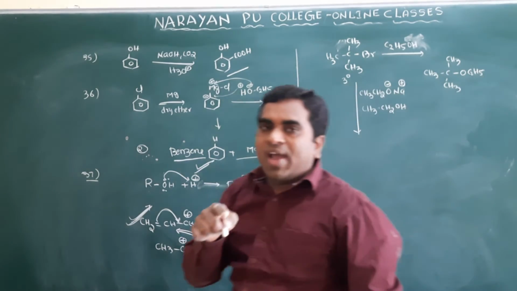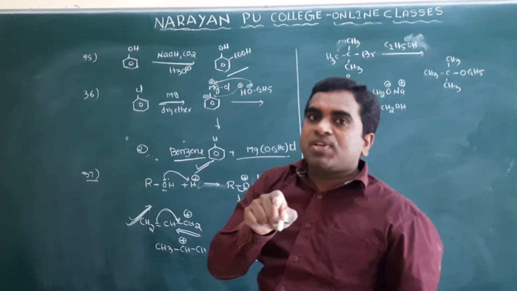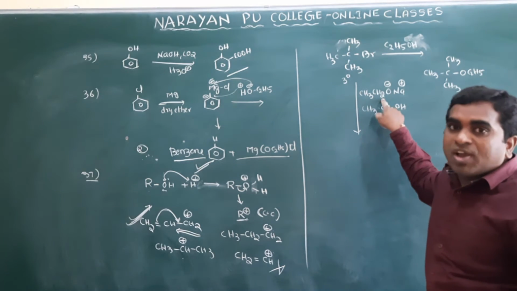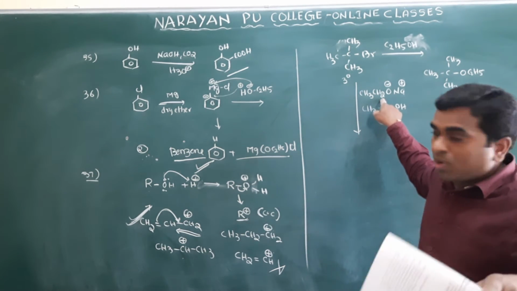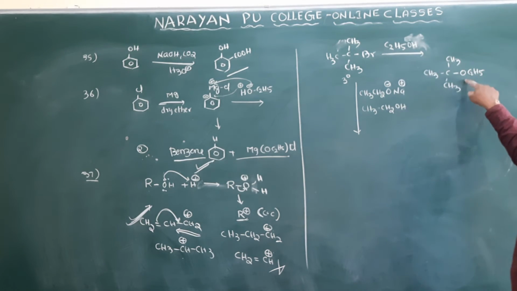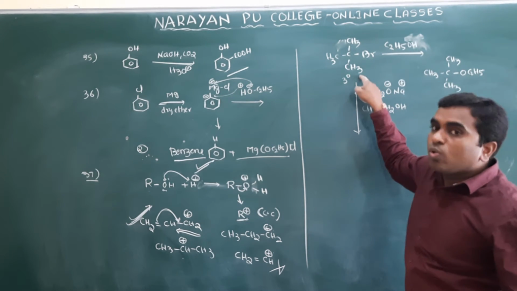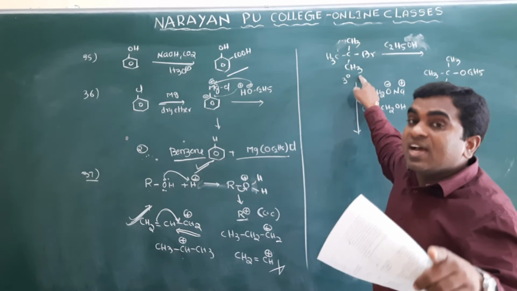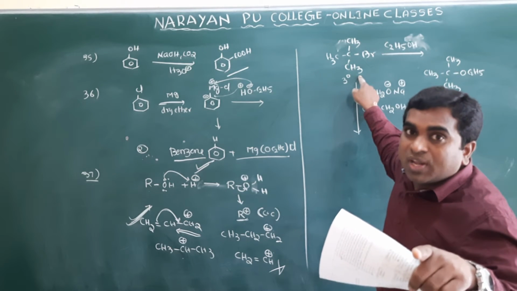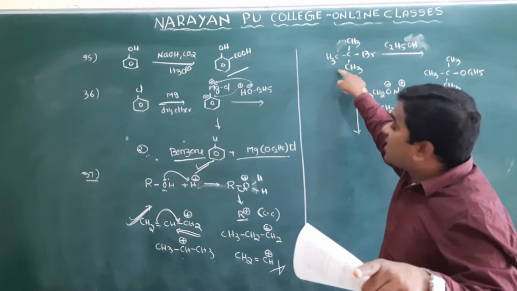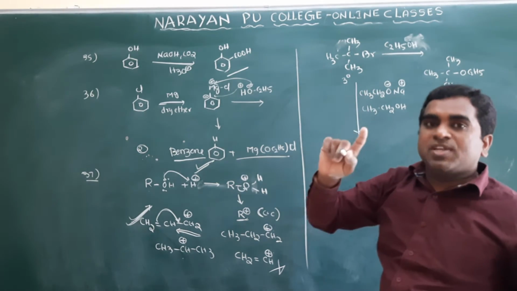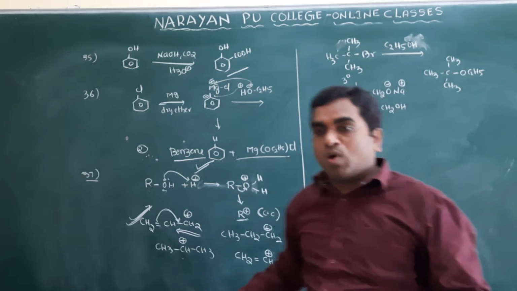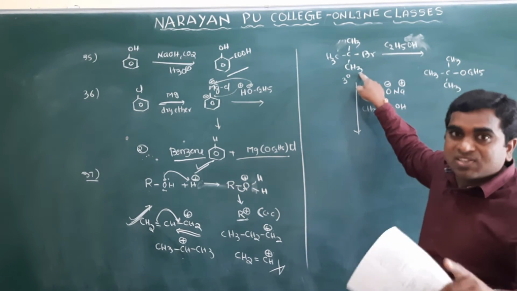A strong nucleophile means SN2 reaction, and a weak nucleophile means SN1 reaction. But does SN2 reaction take place with a tertiary substrate? No. SN2 reaction takes place only with primary and secondary substrates. So here SN2 reaction will not take place.